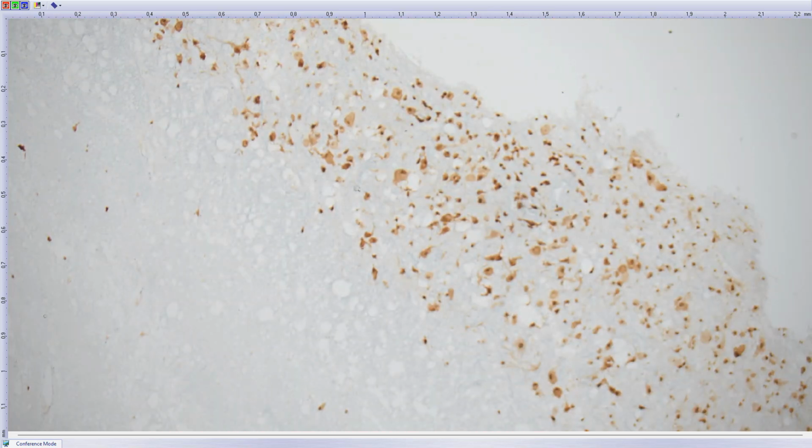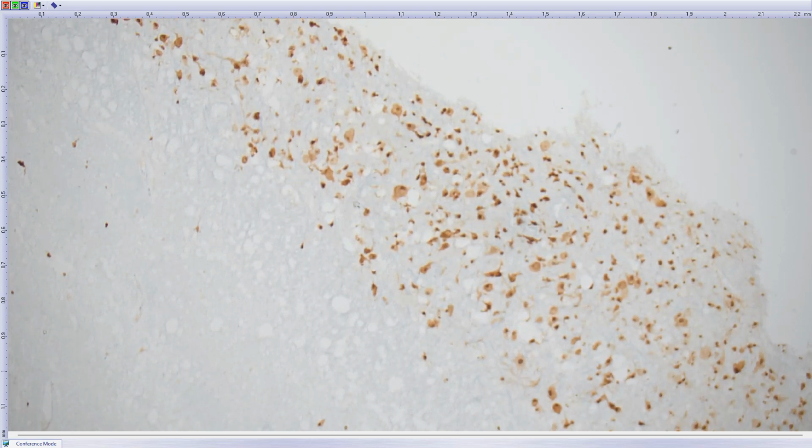And I also had a PTEN immunostain, which was deficient in these lesional cells, and the diagnosis is dysplastic gangliocytoma of cerebellum, or cerebellar dysplastic gangliocytoma, or Lhermitte-Duclos lesion.